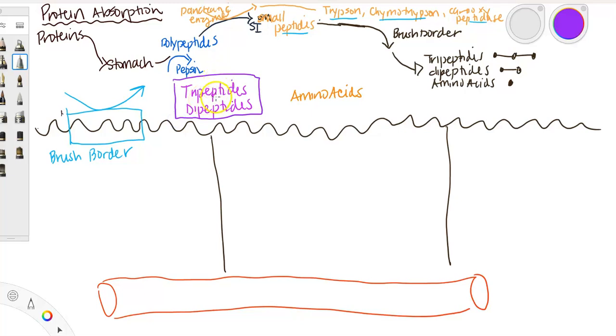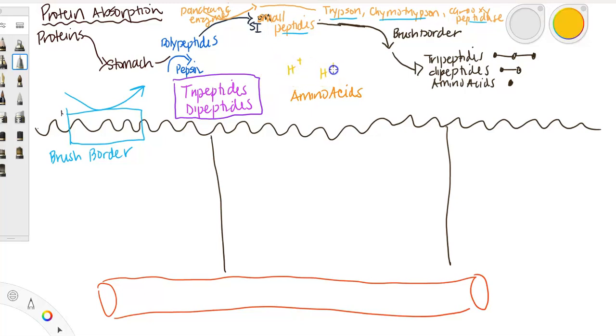they enter the cell with the help of hydrogen. So hydrogen, I'll make this a different color.